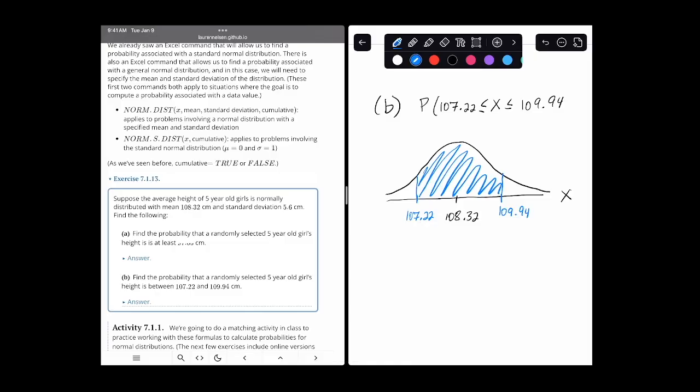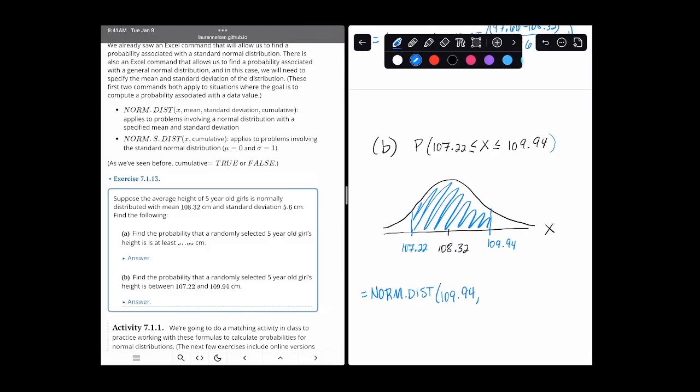So this would work the same as it did when we found the area between two z-values. I would do norm.dist, and I would plug in the bigger one, so 109.94, and then here I will need to tell it the mean and standard deviation.